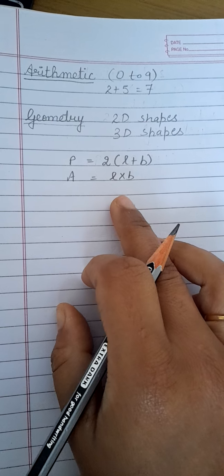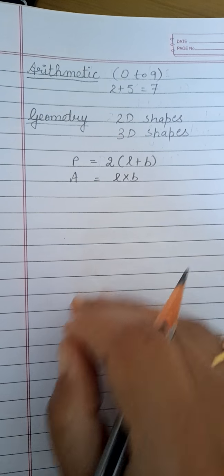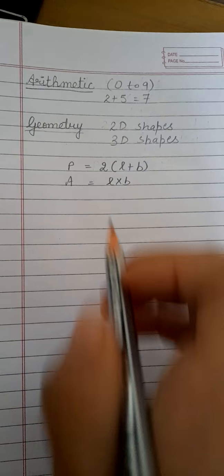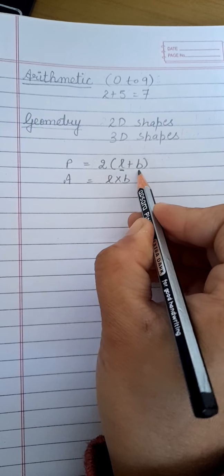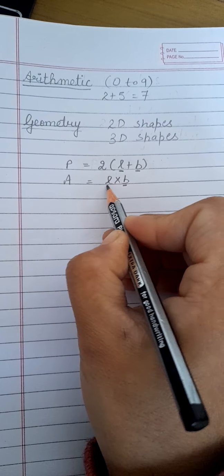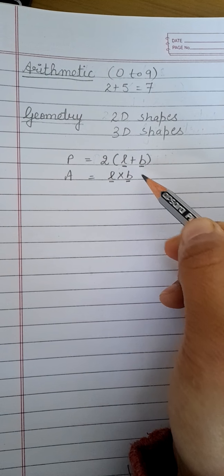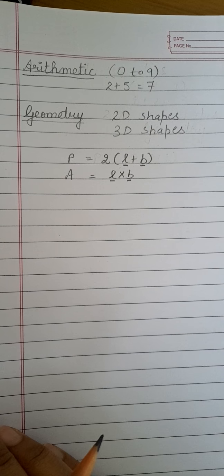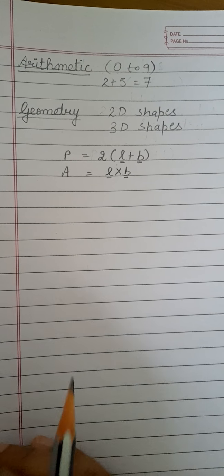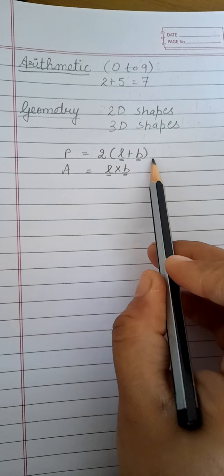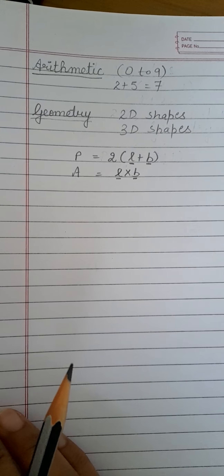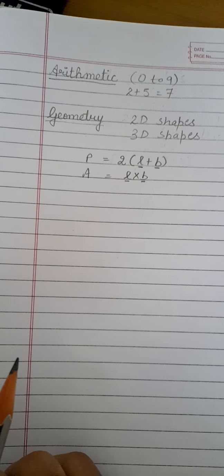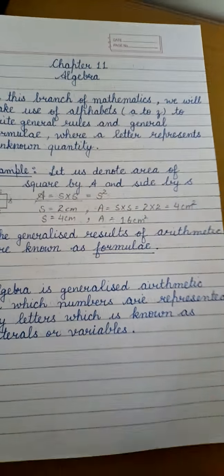There are also the perimeter of a hexagon and the perimeter of an equilateral triangle. So we have used these variables, these small letters, whose values are not fixed. We take the values according to the question. If length is 2 and breadth is 1, we put the values in this general formula. So here we are using the branch of mathematics that is algebra.